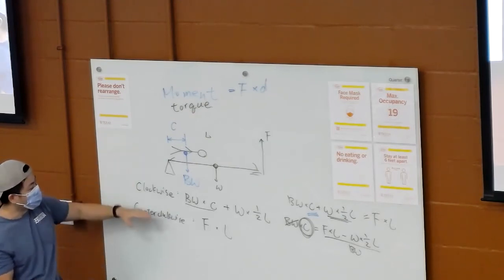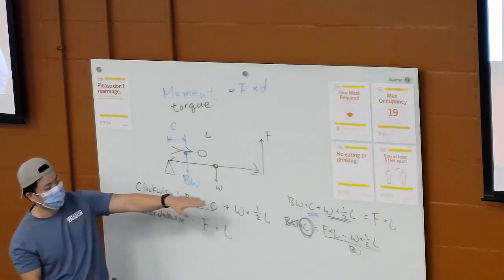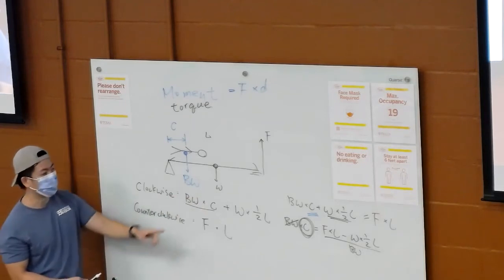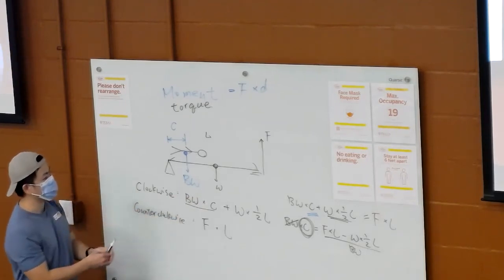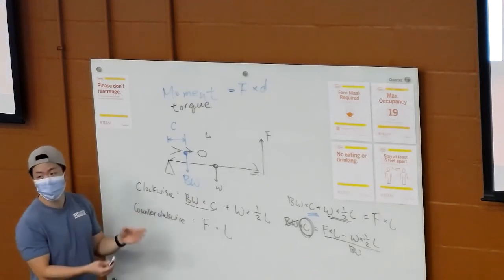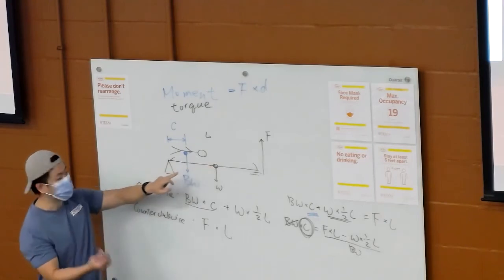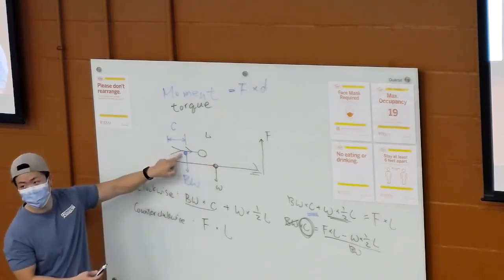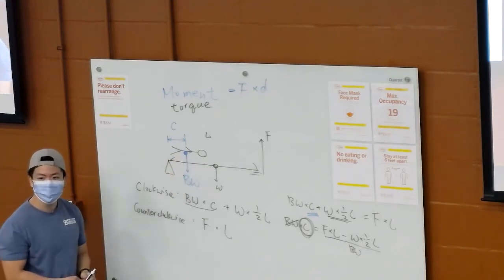So we list all the clockwise moments and all the counterclockwise moments, and set them equal to each other. Then we get C, finally. Everything is based on the concept of center of mass, because we treat the board as a point mass and your human body as a point mass. So we were based on that concept.